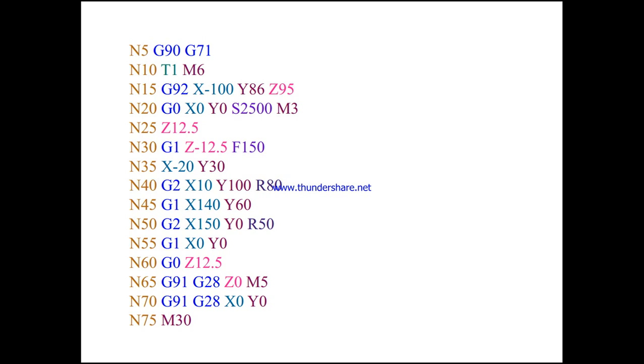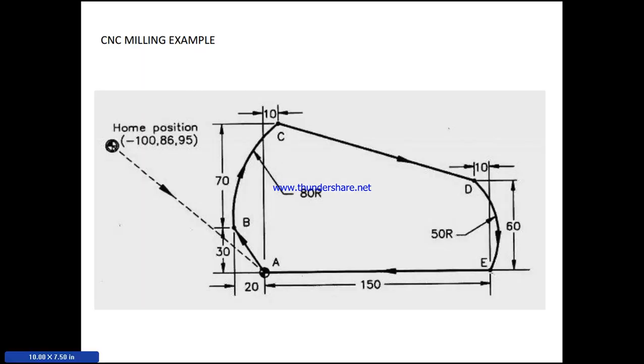N15 defines the work zero point at A, so it is this point, point A. We have to position the tool with respect to this. We have the home position, that is 100, minus 100, 86 and 96.